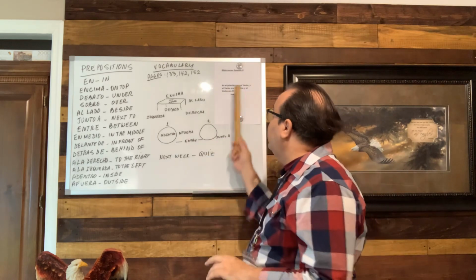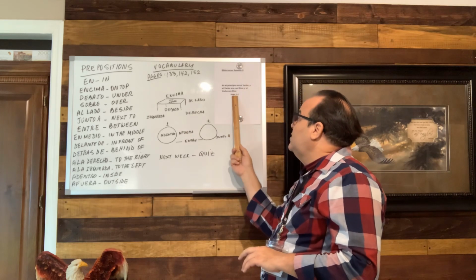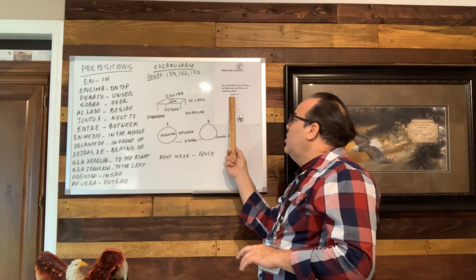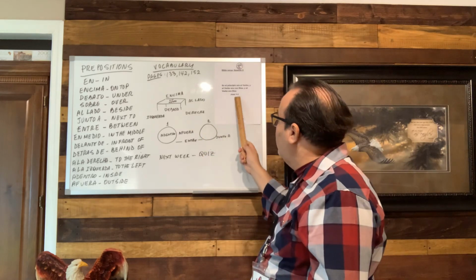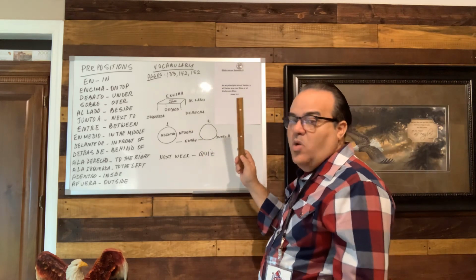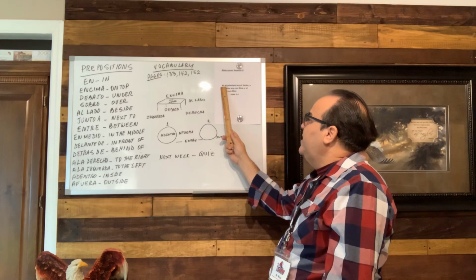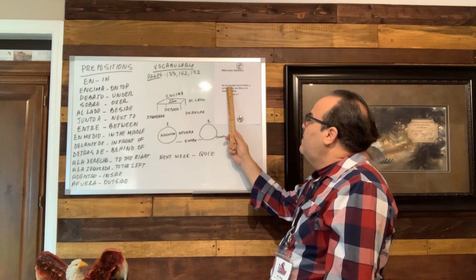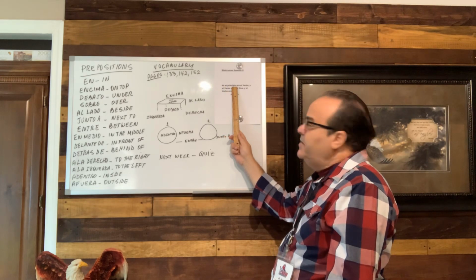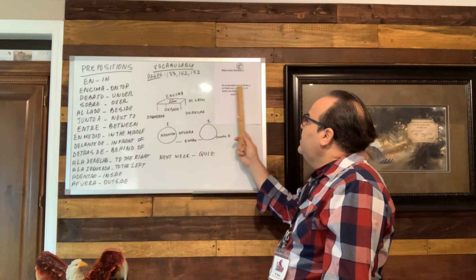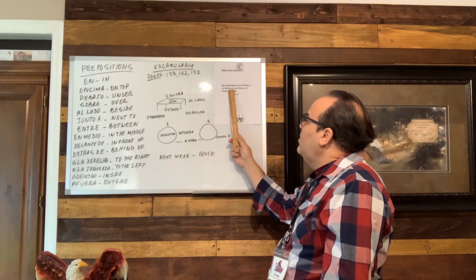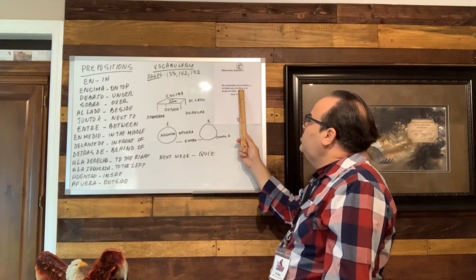The memory verse for Spanish 2, first semester, is Juan 1:1. Juan 1:1, that means John 1:1. In Spanish: En el principio, that means at the beginning, era el verbo, y el verbo era con Dios.